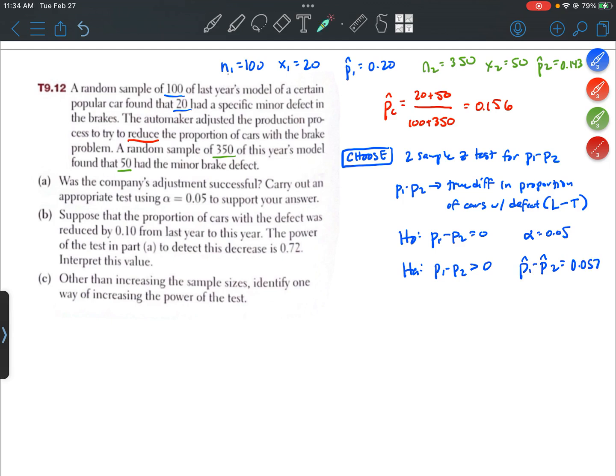Okay, and so right now, this does give us some evidence for the alternative, because the difference in the sample proportions is greater than 0. Okay? But we always have to check, is it convincing evidence? Is it significantly greater than 0? Okay. All right, check step.